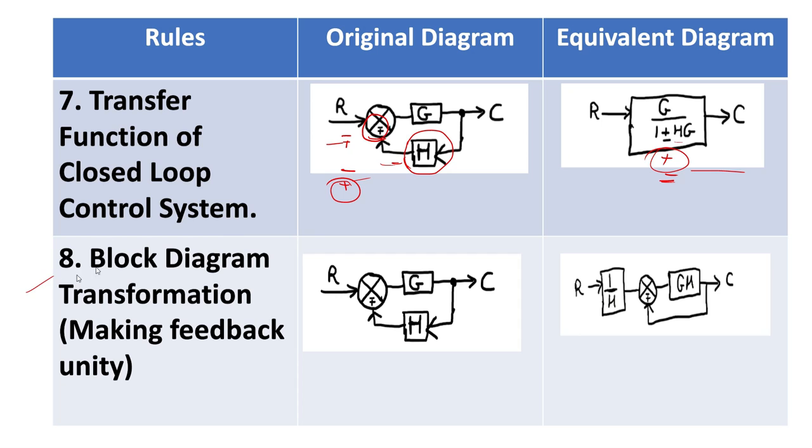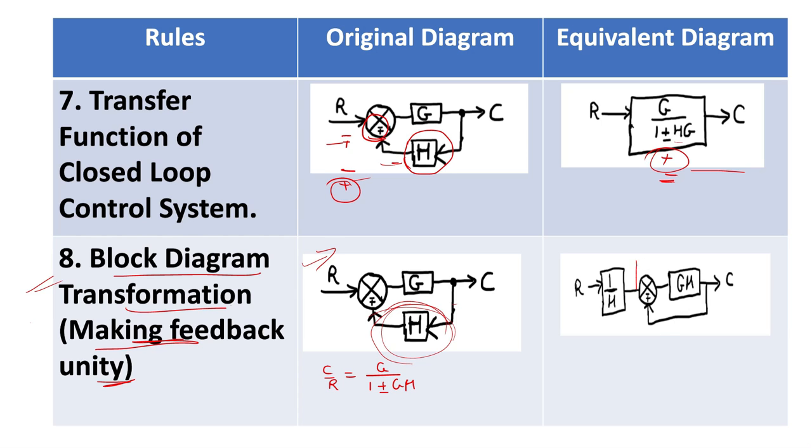Now the next rule is about block diagram transformation, where we are making the feedback unity. So here you can see that this is your closed loop transfer function, and what we want here is to make the feedback element equal to unity or 1. So here the transfer function is C upon R, which is G upon 1 plus minus GH or HG.